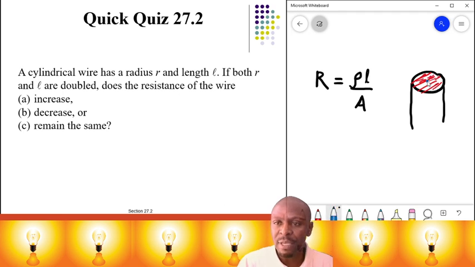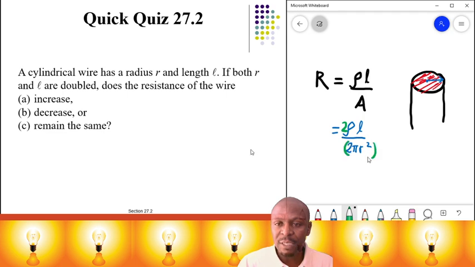Now it has a certain radius r. Therefore, this equation will change to rho times L divided by pi r squared, because that is the area. Now you see, if you double the length and the radius, this is what is going to happen. If you double the length, you are going to have a factor of 2 here, but if you double the radius, you are going to have a factor of 4.